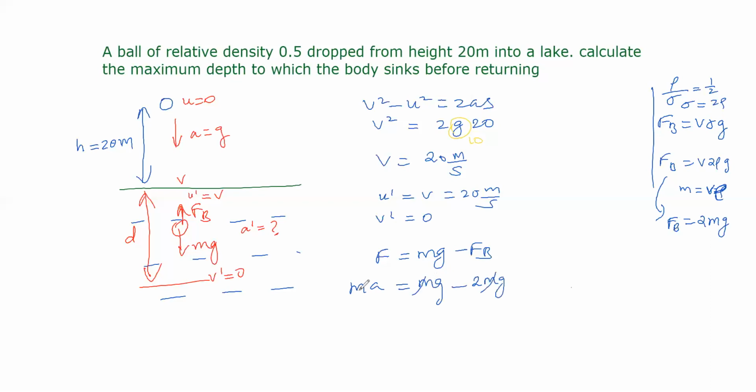By cancelling m, we get acceleration equal to g minus 2g, which is minus g. That means it moves with retardation of minus g.